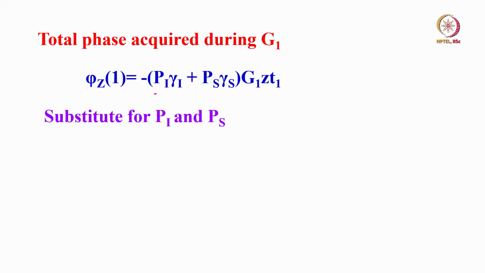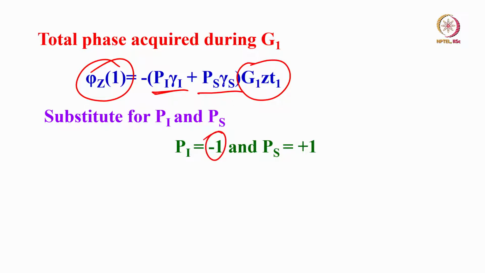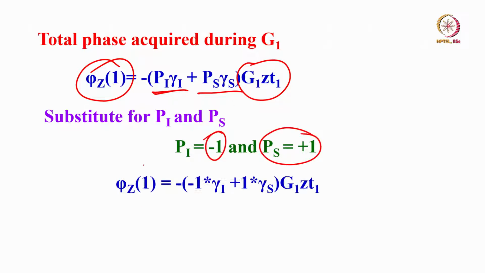For phi z1, for the gradient 1, what is the phase acquired? For the gradient 1, the phase acquired is pI gamma I plus pS gamma S. Now pI is -1 here, pS is +1, add it up. Now make the simple calculation.